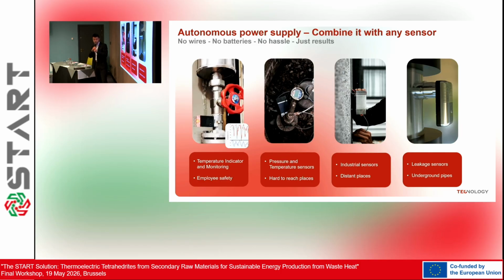That gave birth to a series of products. They are industrial, commercially available products, all of them self-powered. For example, these small ones that have been sold to more than 10 countries in the world. They use the surface heat from pipelines or from machines to power themselves and to measure the temperature, give the signal, or even send the data wirelessly.